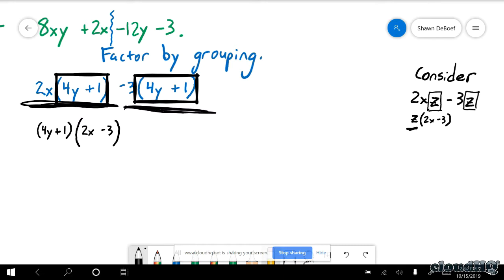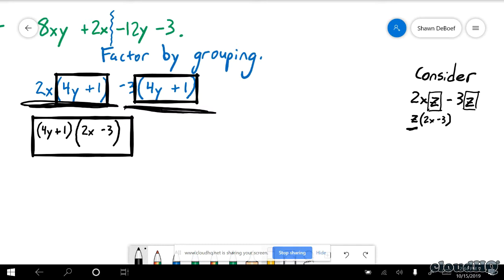Doesn't that look like it's factored? Factored is when you have two things multiplied together. I turned something that wasn't factored into something that was. So there is our answer, 4y plus 1 times 2x minus 3. That's called factoring by grouping.